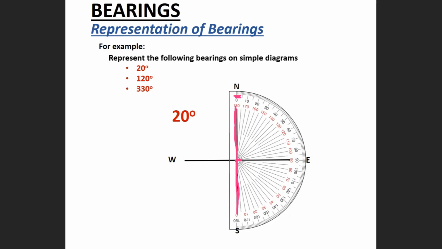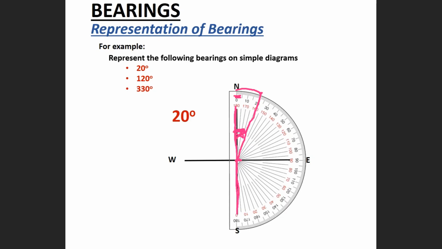Then you measure 20 degree with your protractor and you pinpoint that 20 degree. After that, you draw a straight line to that point of intersection. All you're saying in essence is that everything from here to here is 20 degrees.